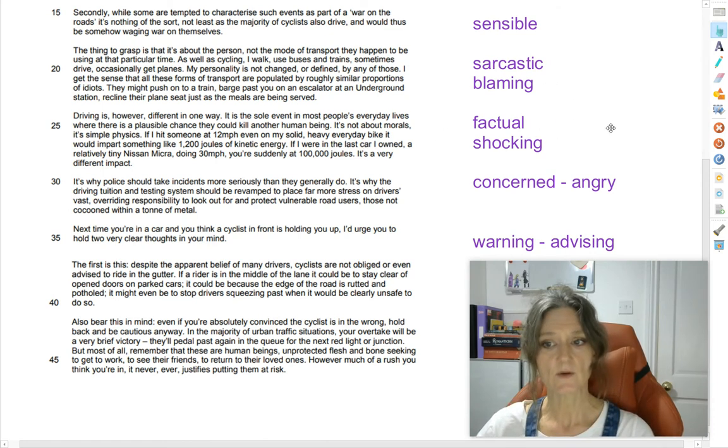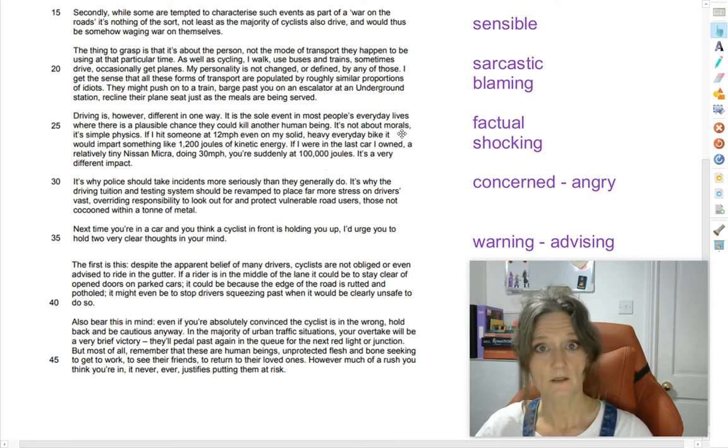Again, here he's been quite sensible and factual, but this time he's showing how shocking those facts are about the power of a car and the damage that a car can cause compared to the damage a bike can cause. So he's giving facts, but not in a calm, sensible way this time, but in a shocking way.